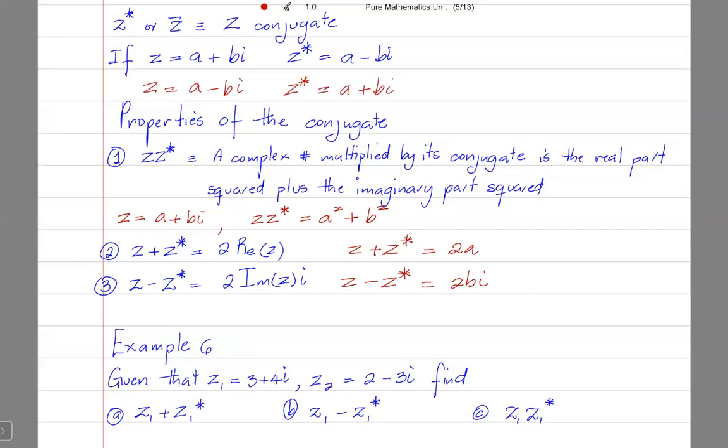Was it Jamila? You wanted to ask a question? Yes, when you multiply Z by its conjugate, what happened to the i in the equation? It's going to be eliminated. If you remember, if you multiply two binomials, a plus b multiplied by a minus b, your final answer is going to be what? a squared minus b squared, because the middle part would have been eliminated.